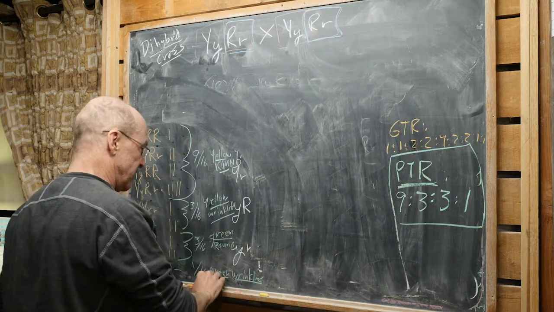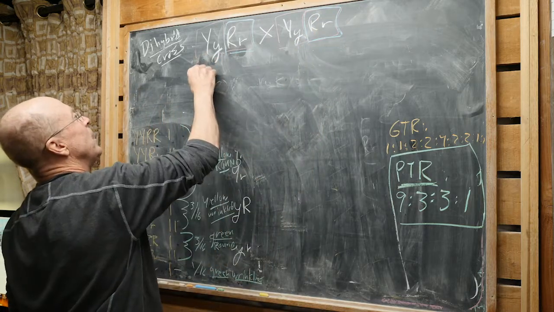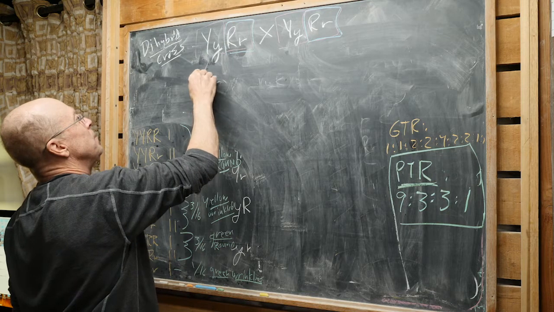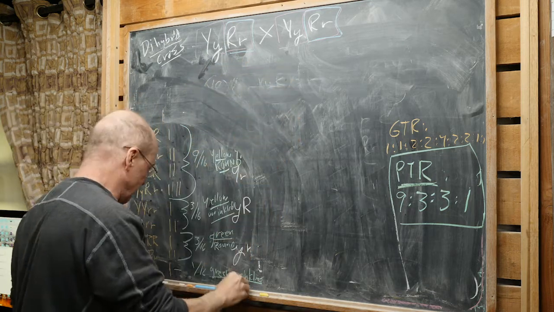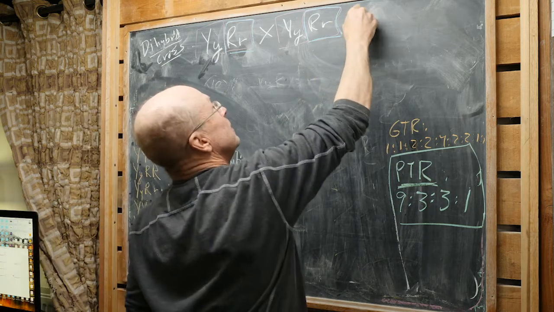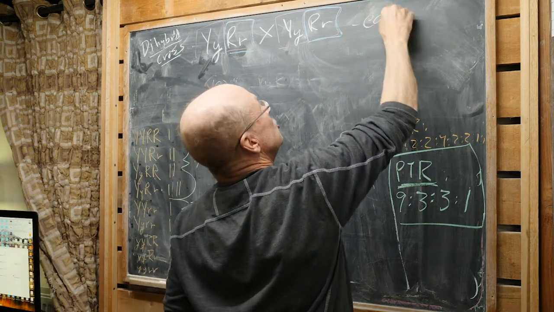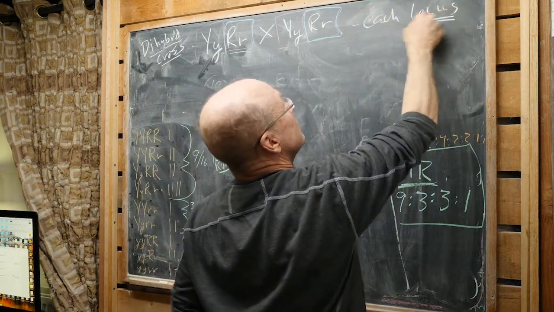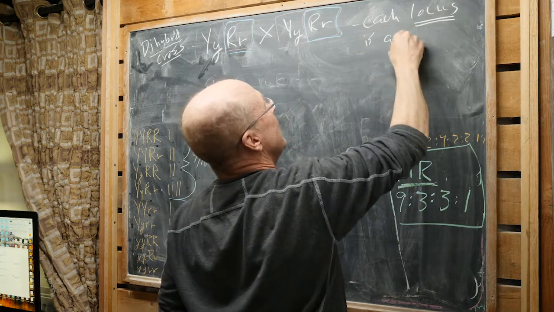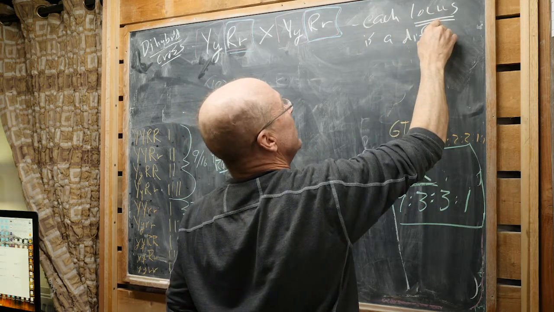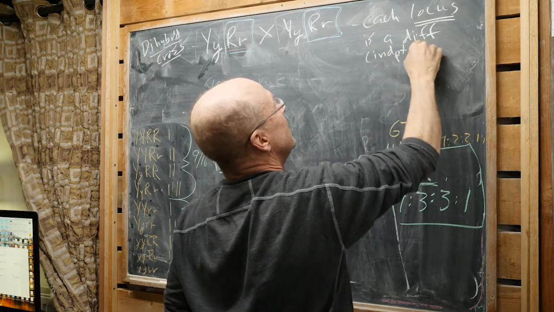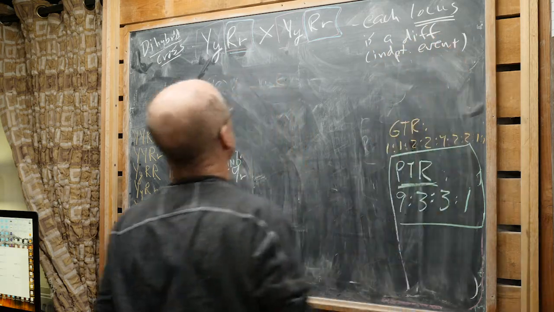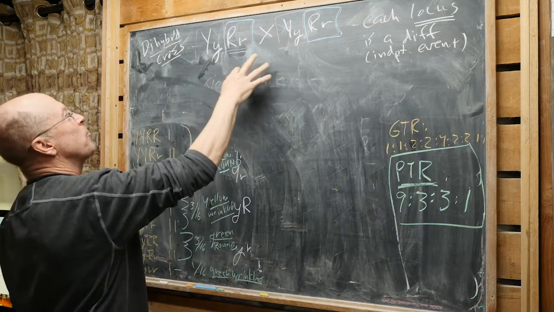So we have 2 events. These are independent events. This is in the red. I guess I just want to write somewhere down here. These are each locus is a different independent event.